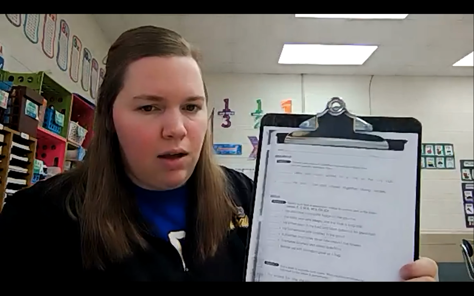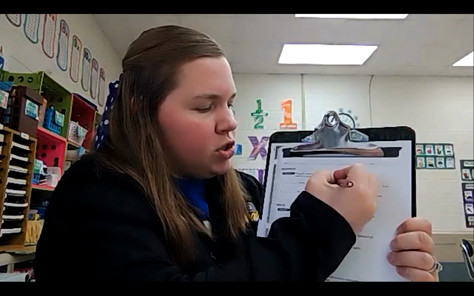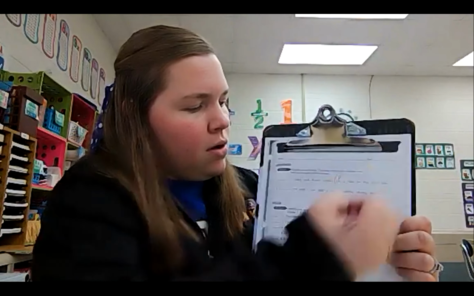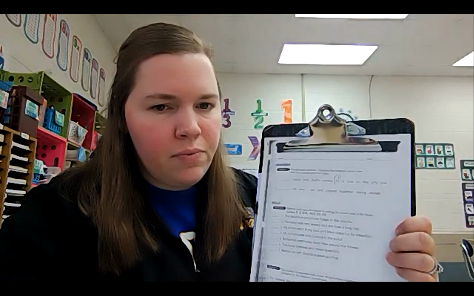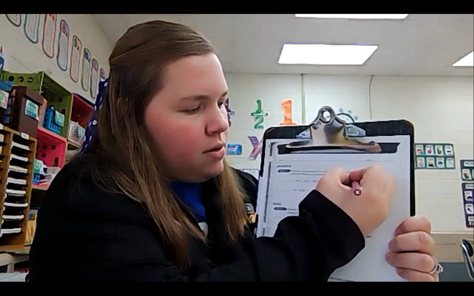So we're going to start at the top. We're going to classify the sentences, which means just label. Okay. So number 1 says Leroy and Austin waited for a ride on the city bus. So we look for prepositions first. For is a preposition. For what? Ride, object of the preposition.